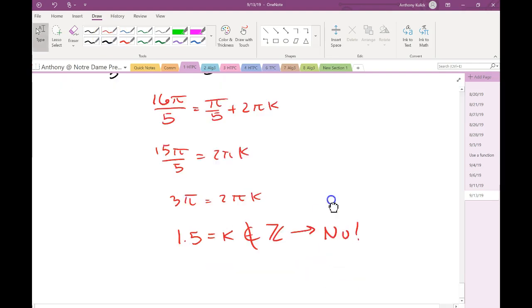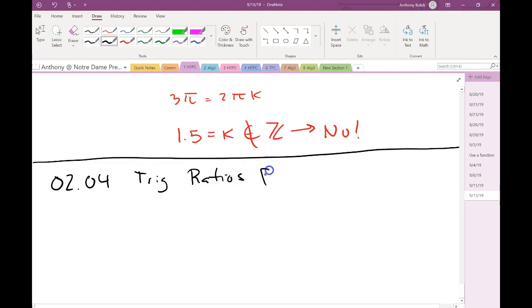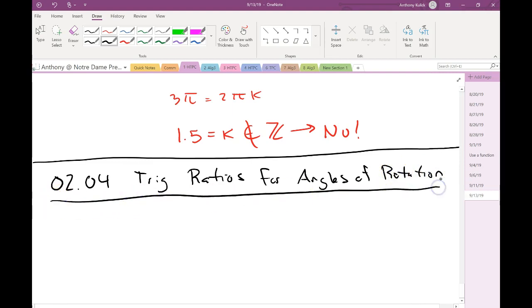Okay. Do we feel reasonably comfortable about coterminal and these angles of rotation? Well, we can't really get to the good stuff until we've kind of built out these definitions.